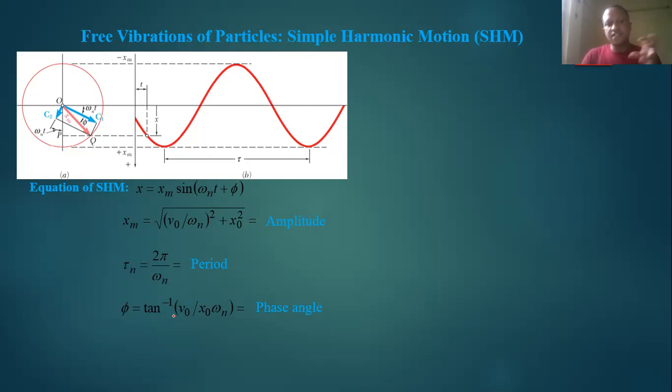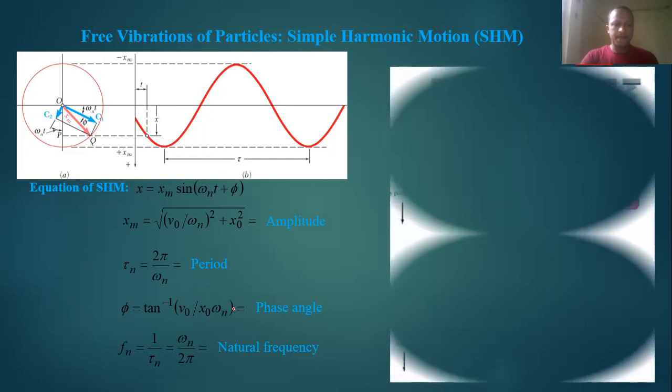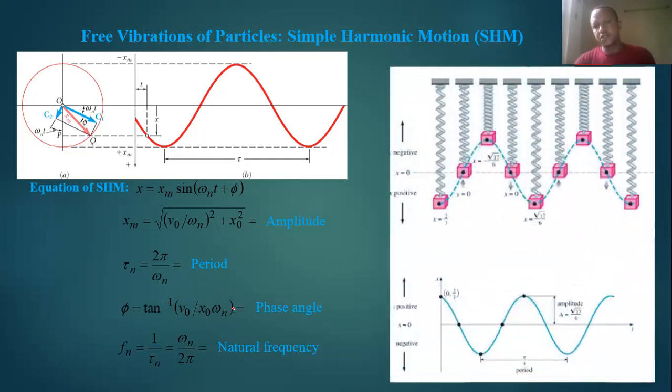And the phase angle is given by v naught over x naught omega n, that is C1 over C2 in this case. So this is how the oscillating system behaves.